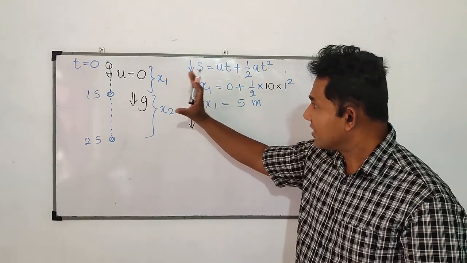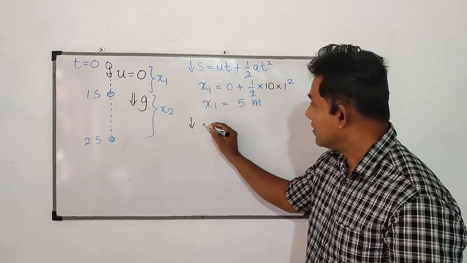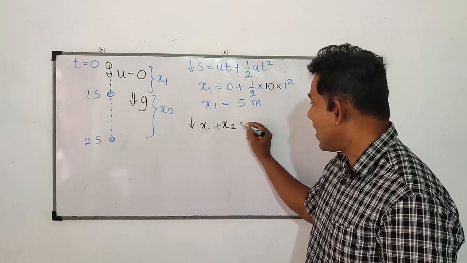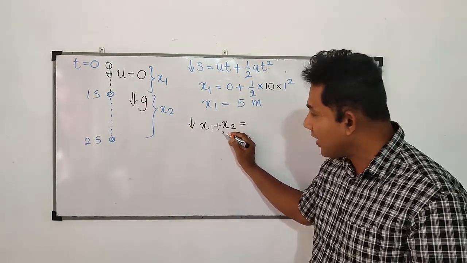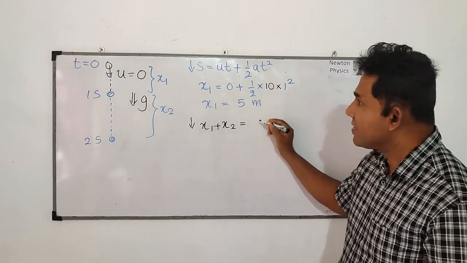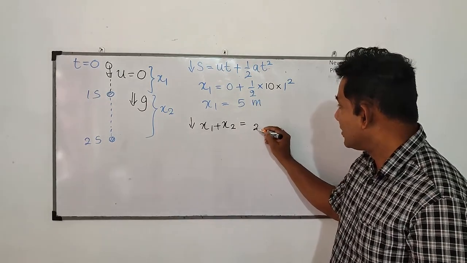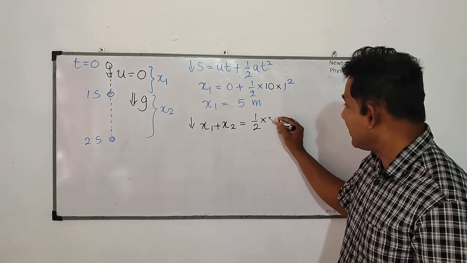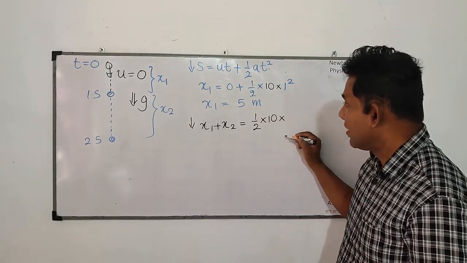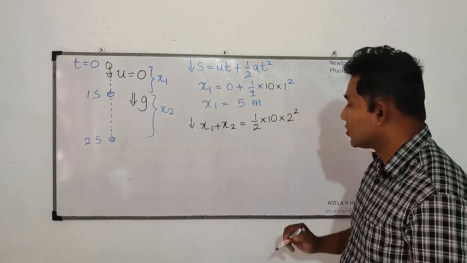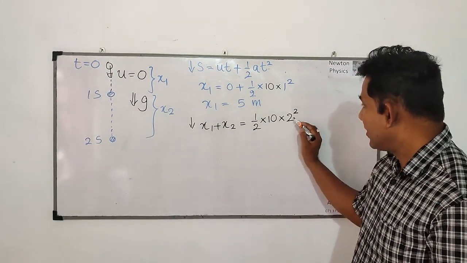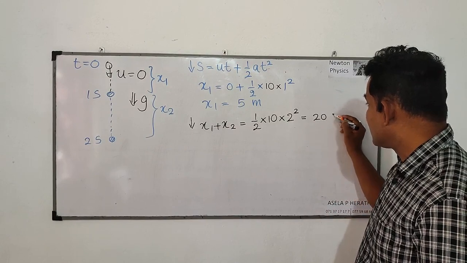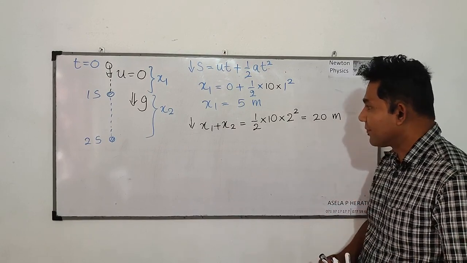Now if I am taking 2 seconds, then the total distance fallen becomes x1 plus x2, and here the ut term becomes 0, so I am not writing that one again, and half a becomes 10, and the time becomes 2 seconds. Now if you solve this one, you will have 20 meters.